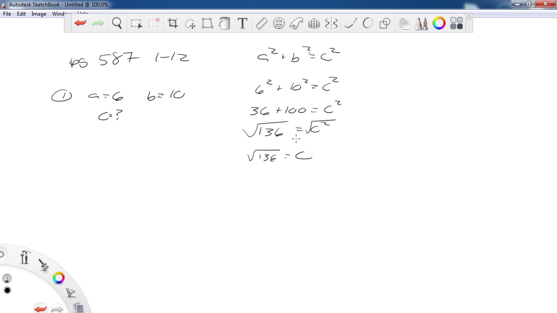136 is, let's see, 36. I'm not sure what this is going to work with. It also might not even be reducible. I don't know. We'll find something.